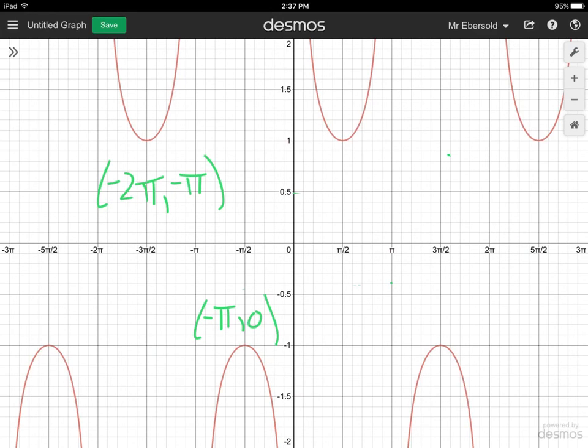But where is the function increasing? Okay, so just looking at it left to right. I'm going to skip this one down here because my thing here is all in the way. But if we start here, starting at -3 pi over 2 all the way to almost pi, that's increasing. So let me get you a couple of those to see.